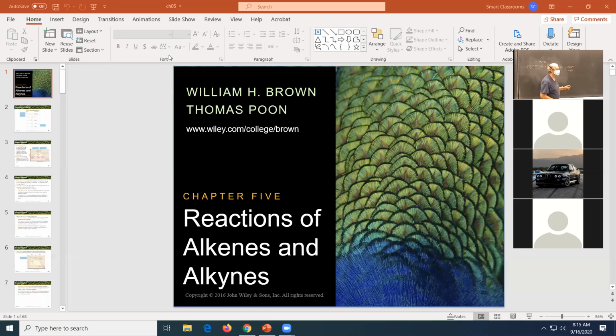If we wanted to remove this proton using hydroxide, that's not going to work because water has a pKa of 15.7.